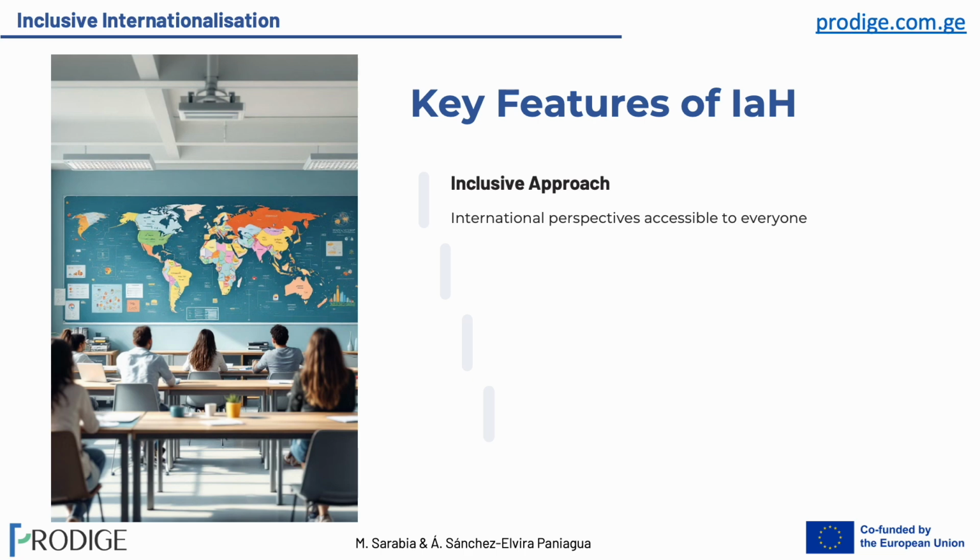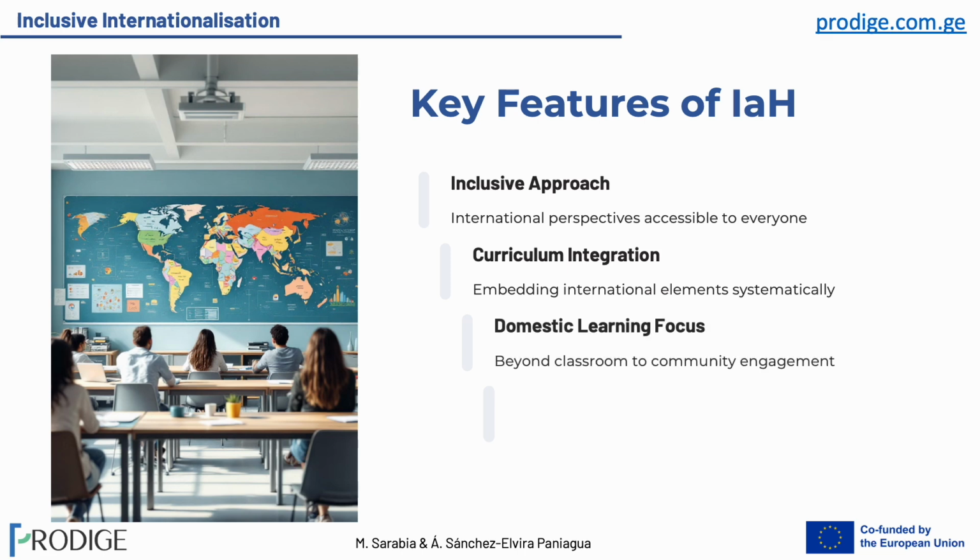This is followed by curriculum integration, where international and intercultural elements are systematically included in the formal curriculum, such as course content and learning outcomes, and informal activities like co-curricular programs. Internationalization at home also emphasizes domestic learning, extending beyond the classroom into local community engagement and interactions with international students. Finally, while it doesn't replace traditional mobility programs, it is complementary to mobility, offering global learning opportunities without travel.